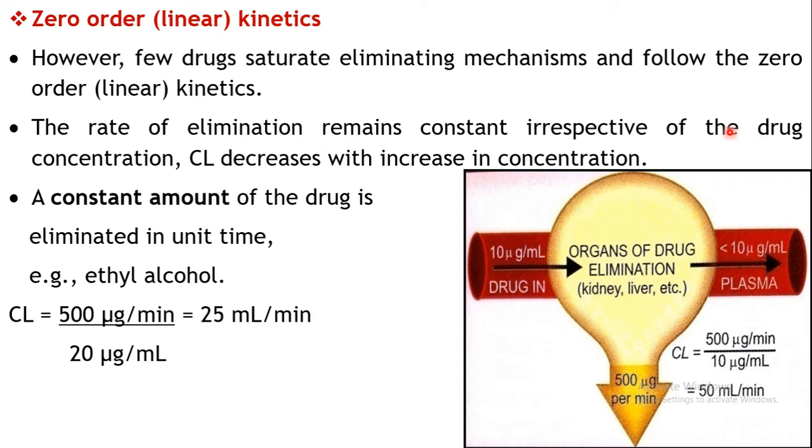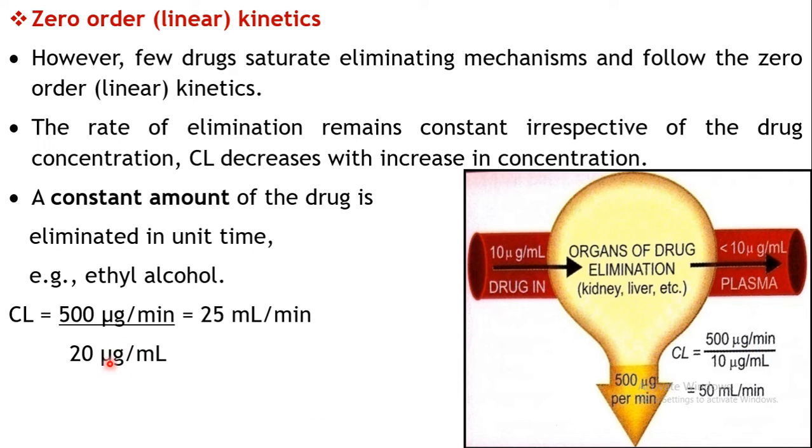Okay, so whatever the drug concentration may be, whether it is 10 microgram per ml, 20 microgram per ml or 100 microgram per ml, the rate of elimination does not change here. In this case, when the plasma concentration was 10 micrograms per ml, it was 500 micrograms per minute, right, the rate of elimination.